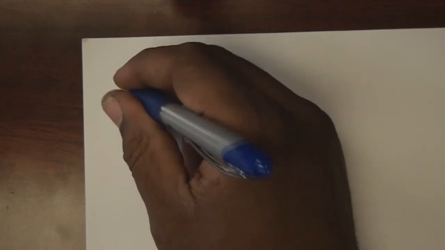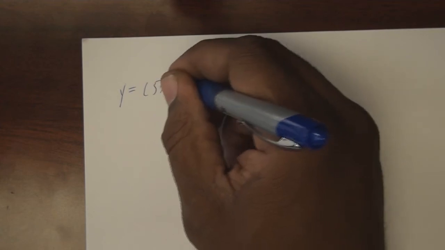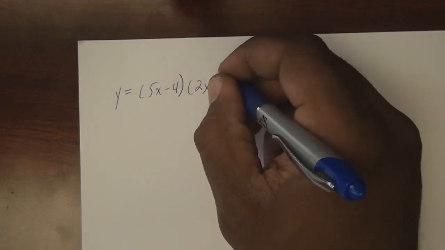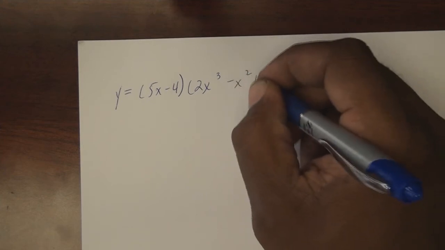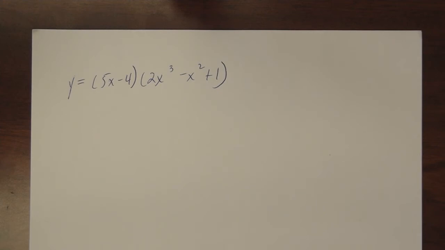So we have the function y is equal to 5x minus 4 times 2x to the third minus x squared plus 1. And we're asked to find a derivative.